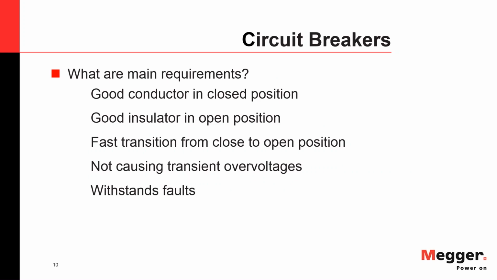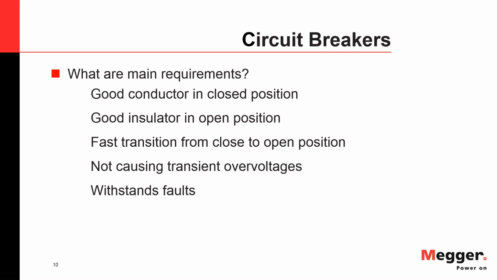In the open position, it should ideally be a perfect insulator, so there can be no flashover. Very important is the transition from the closed to the open position in particular, because that is the interruption, but also from closed to open to closed, which should be as fast as possible.